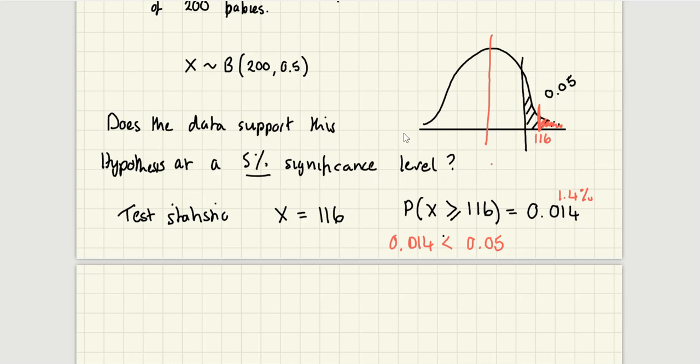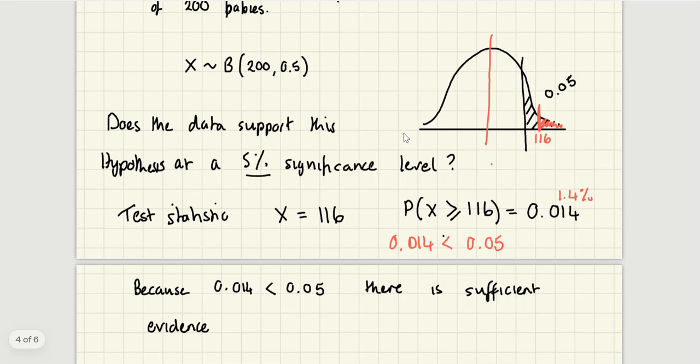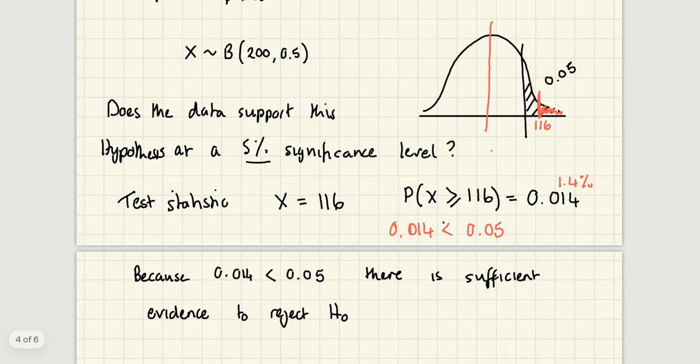So this is how we need to finish off our answer, which is, we say, because 0.014 is less than 0.05, there is sufficient evidence, and this is a kind of formal approach, you have to write it like this, there is sufficient evidence to reject H0, the null hypothesis.